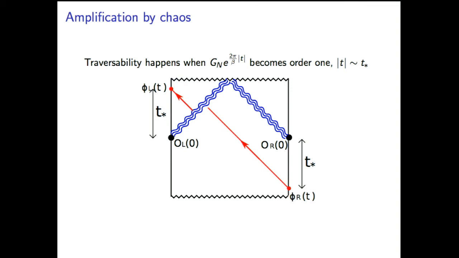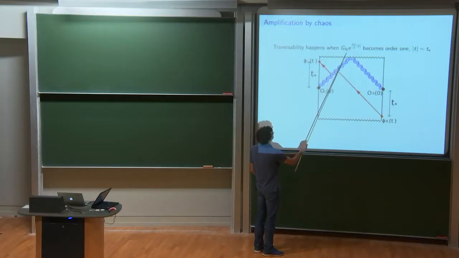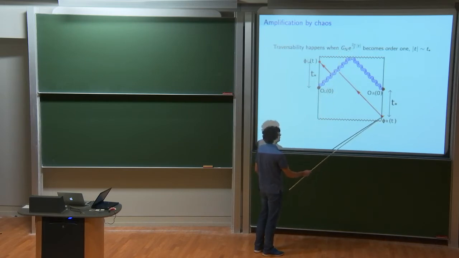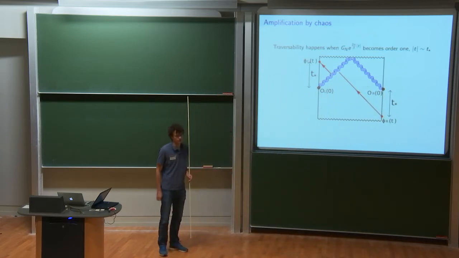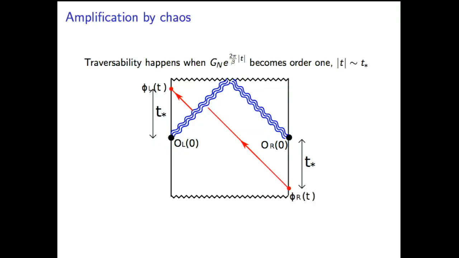A more invariant statement is that the wormhole becomes traversable when this small back reaction parameter G Newton multiplied by this exponential function of the time separation of these operators, so this time t, when that combination becomes of order 1, the wormhole becomes traversable. And this is a combination that we recognize now as being associated to chaos in the CFT description of the system.